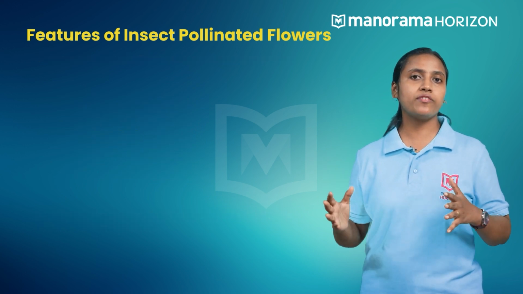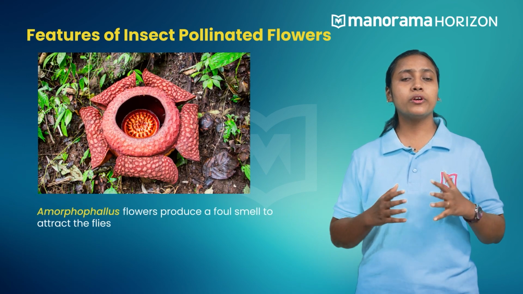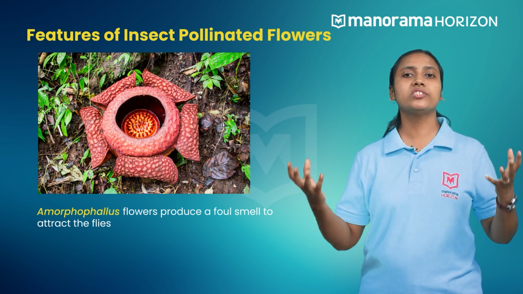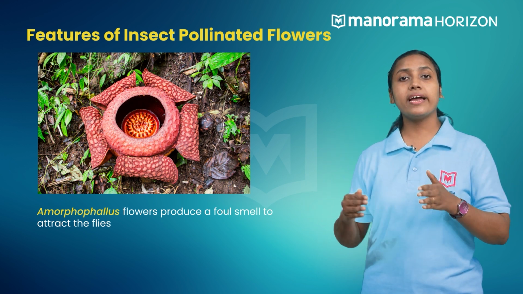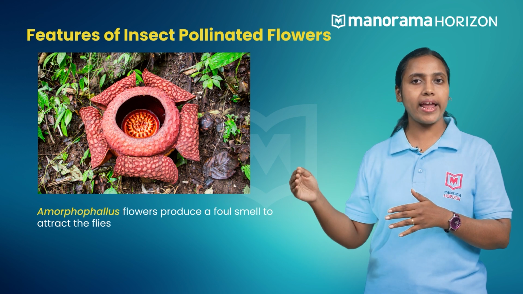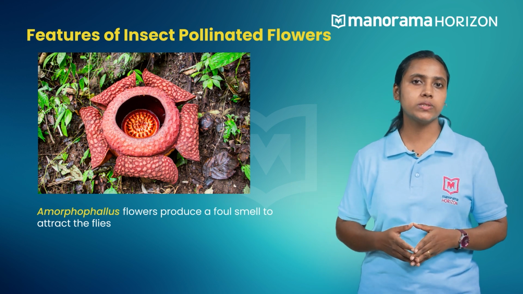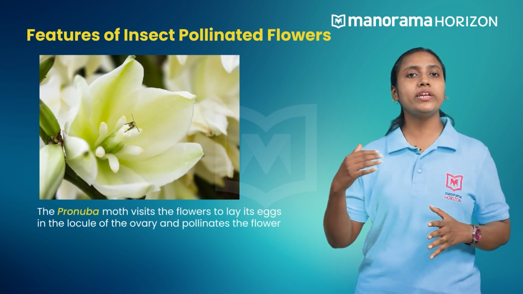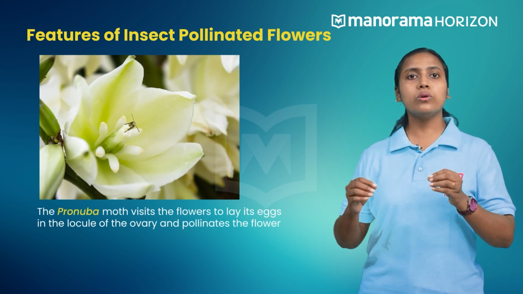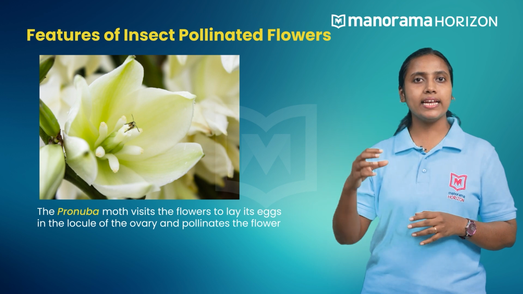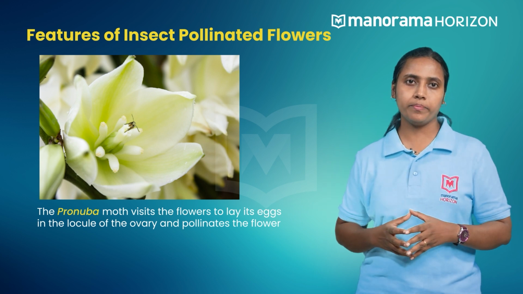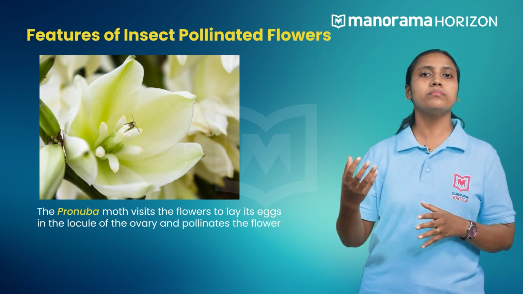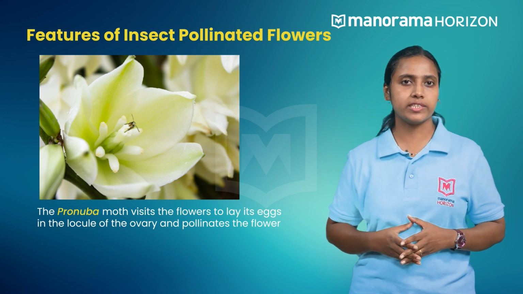Likewise, the tallest flowers of Amorphophallus produce a foul smell to attract the flies, which then visit the flowers to lay their eggs, and in this process, they facilitate pollination. The pronuba moth pollinates yucca flowers. The moth visits the flowers to lay its egg in the locule of the ovary, and the pollen grains become deposited on its body surface.